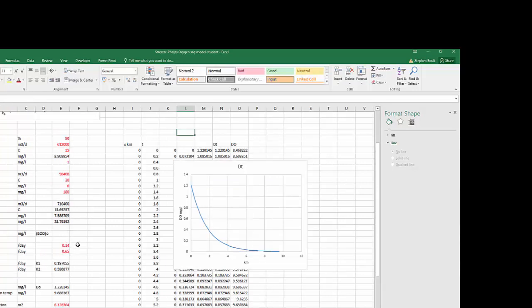Now the only missing number in order for us to be able to calculate using the model equation is BOD0. It's BOD0 because it's the BOD where the effluent mixes with the water, so it's the starting BOD, and we have the BOD5 on mixing, which is here.